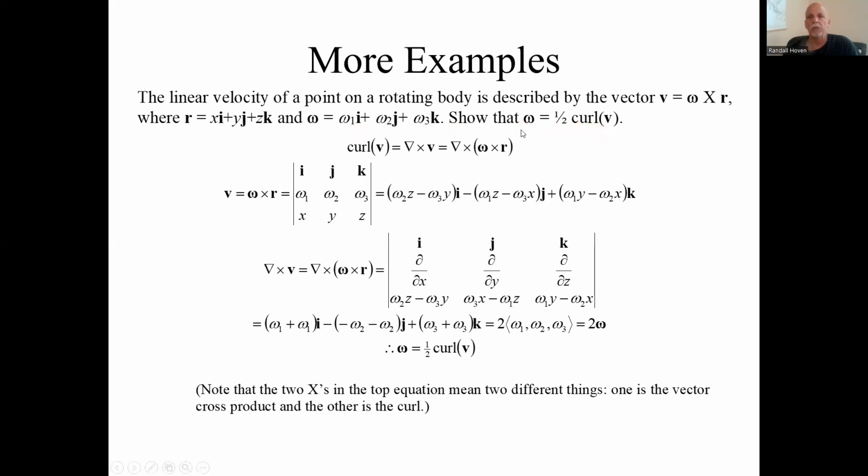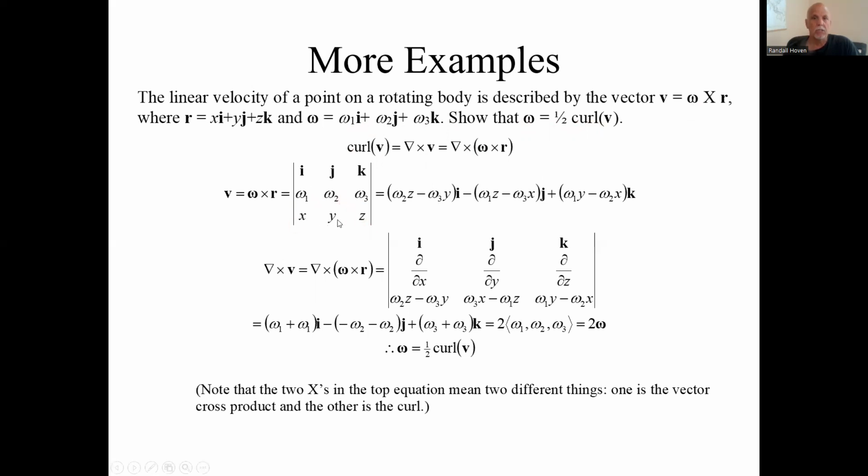Know that this is true: omega equals half the curl of V. Well, what's the curl of V? Curl of V is this. V was omega cross r. Let's find out what omega cross r is. That is a plain cross product, not a curl. Omega cross r.